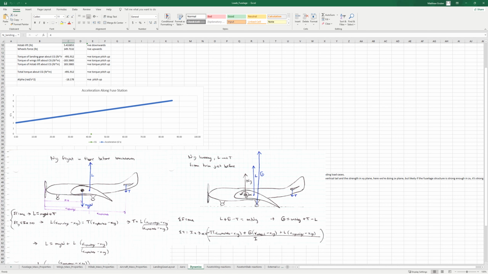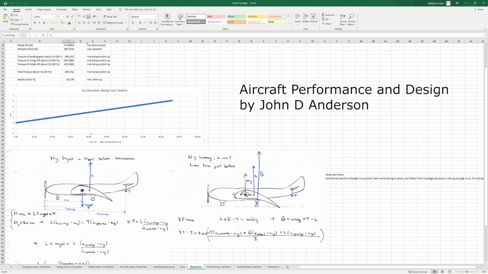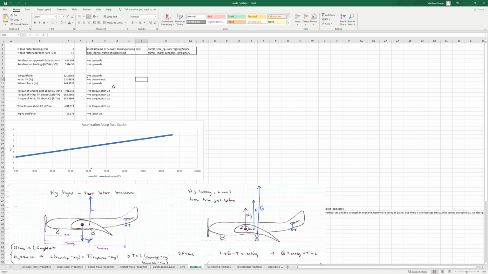And the actual load factor that you put in can come from performance estimations. A good reference for that is a book called Aircraft Performance and Design by John D. Anderson.